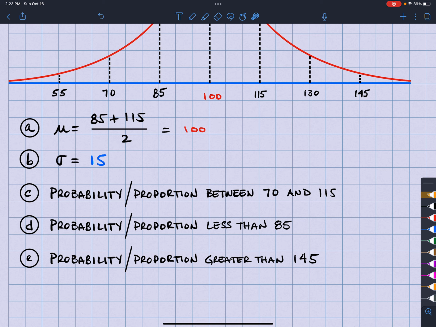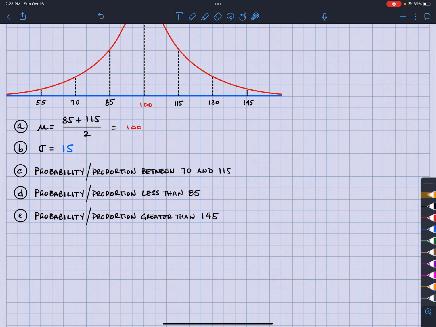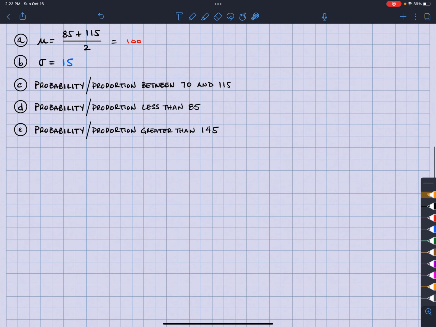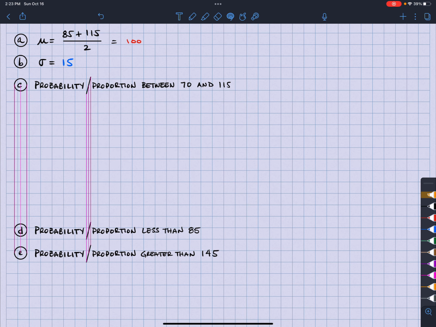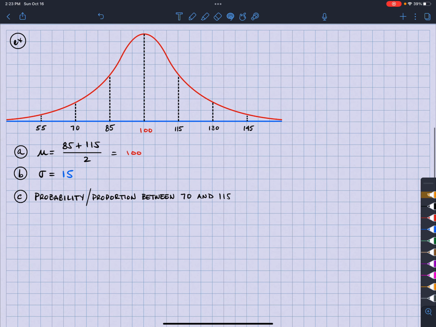So the question is, what is the probability or the proportion between 70 and 115, okay? So let's address this separately. I'd rather use more space, but have things clearer in my head. So let me go ahead and duplicate this right here.